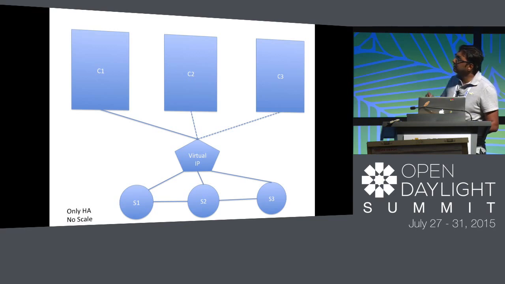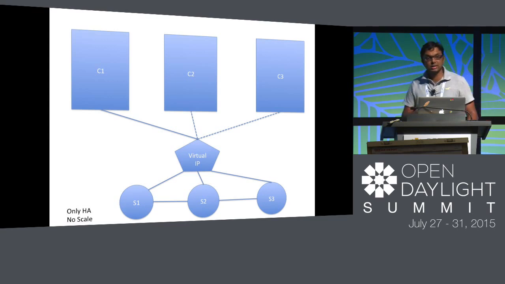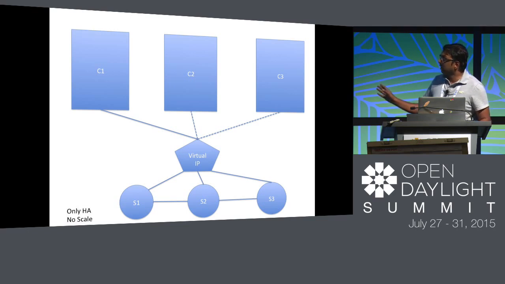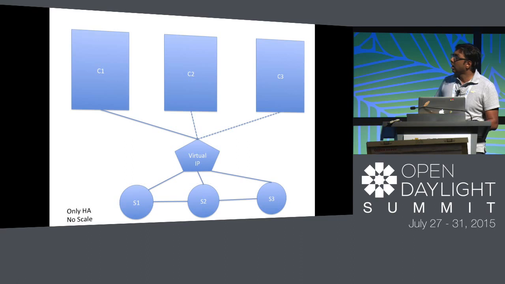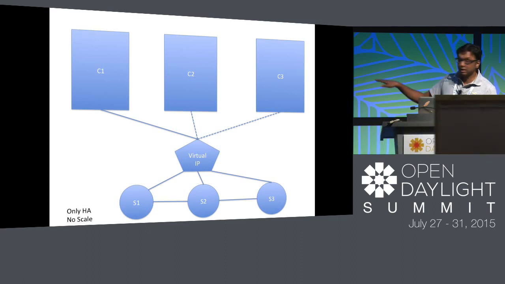If C1 dies, then the VIP moves to C2, and that's the way you can achieve HA. Some people achieved HA by this, but there's no scale here. For example, all the switches are being serviced by just one controller at a time. C2 and C3 are practically slaves for this set of switches.